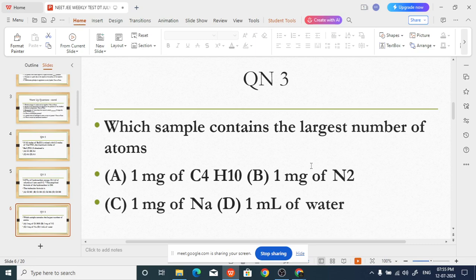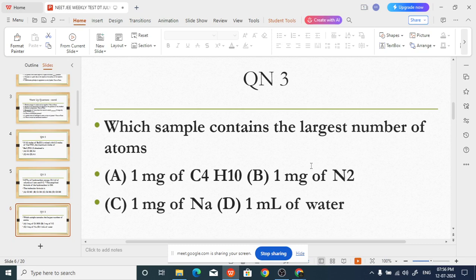What is the atomic weight of nitrogen? 14. 14 into 2, no? So 28. So 28 gram of nitrogen will contain, or okay, sorry, 14 gram of molar mass will contain 6.023 into 10 power 23 atoms.